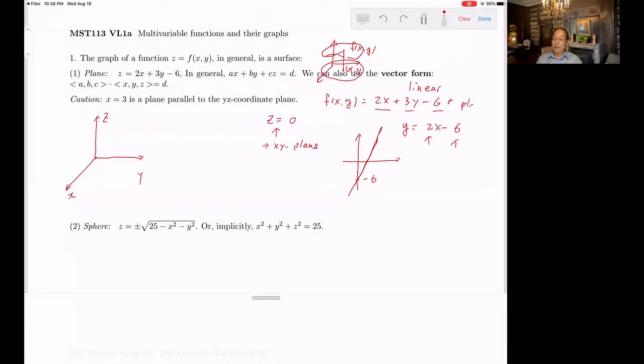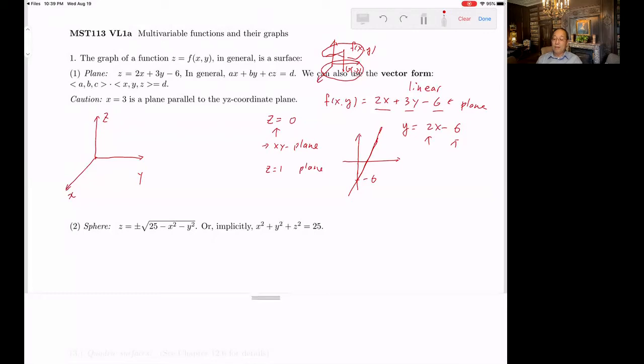Of course, it's not going to be a coordinate plane, but it's going to be a plane. It's slanted. Okay. And similarly, if you have, say, z is equal to 1, this is still a plane. But of course, it's elevated. It's 1.